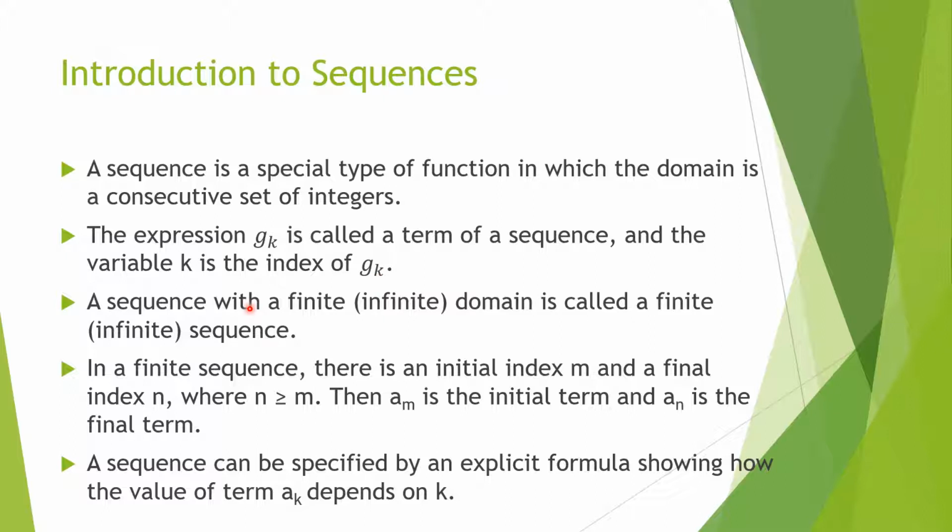When a sequence has finite domain, we call it a finite sequence. When a sequence has an infinite domain, we call it an infinite sequence. If you have a finite sequence, there's an initial index like m and a final index like n, where m and n are both integers, and n is greater than or equal to m, because n is the final index and m is the initial index.